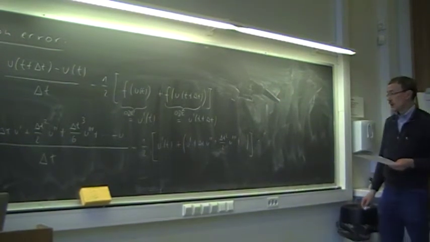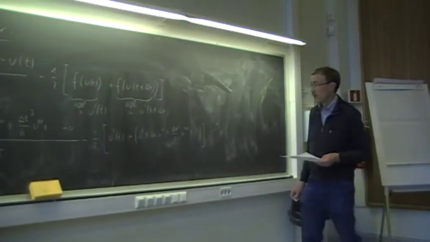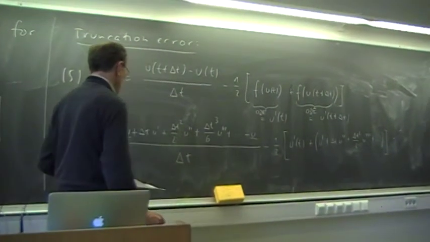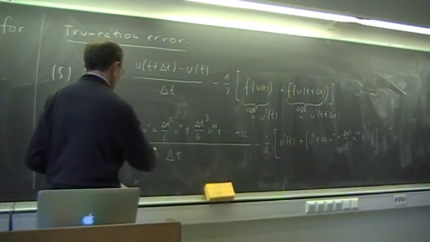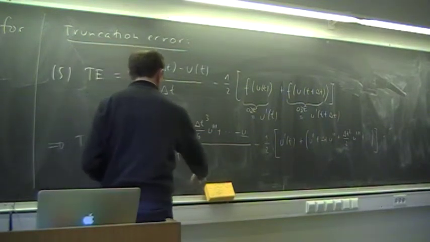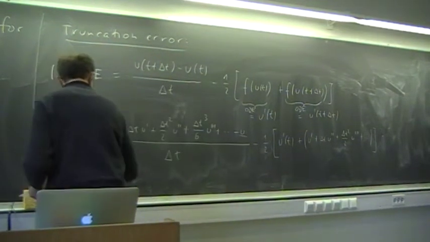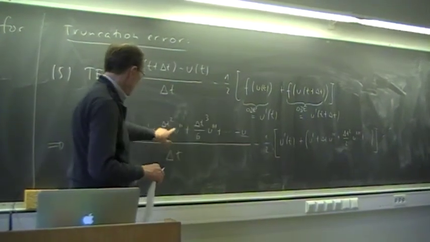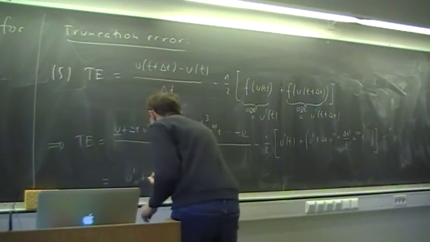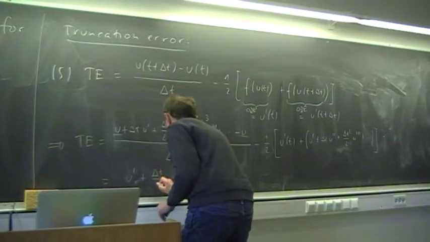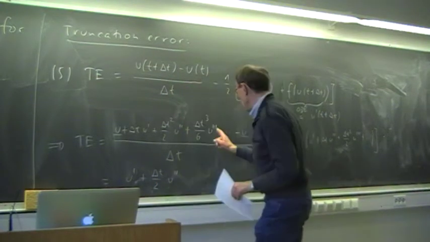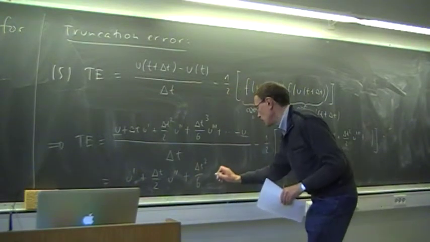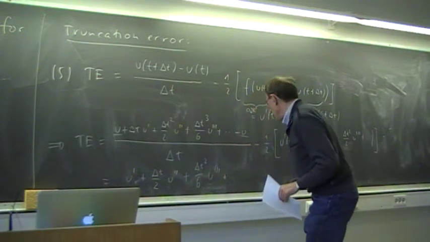So, and now we can simplify things a lot because the u here cancels and we have the u prime delta t, so we get from this here already that this is equal to the u prime that is left here, and then the next one will be delta t half u double prime, and I take also the next error term, third derivative, plus higher order terms.